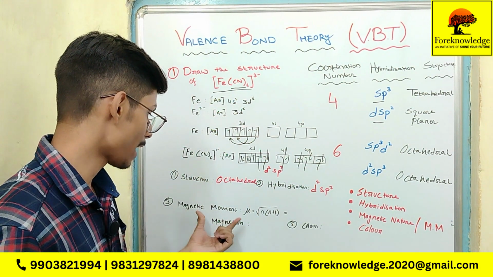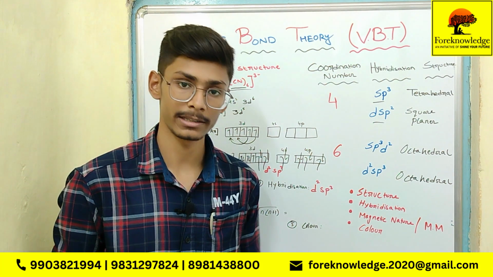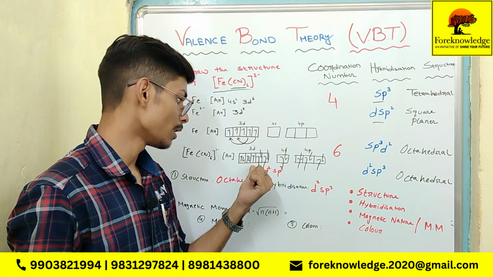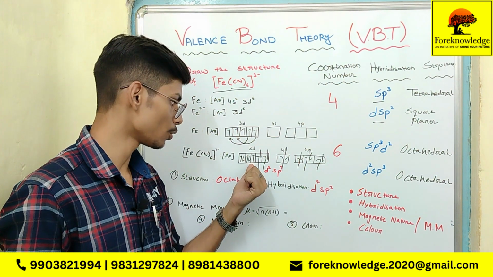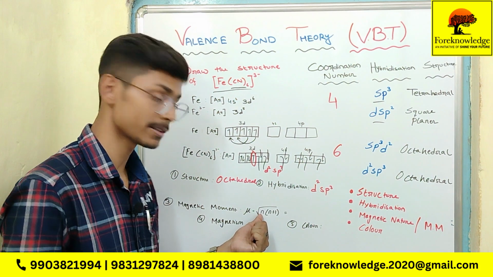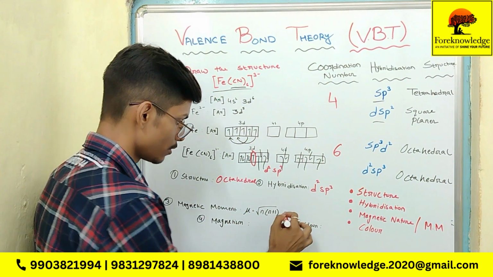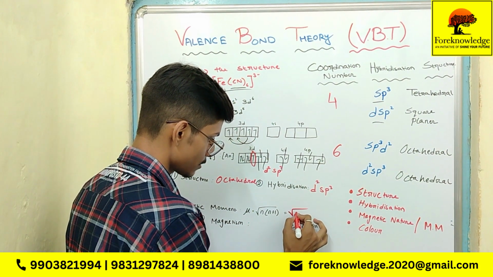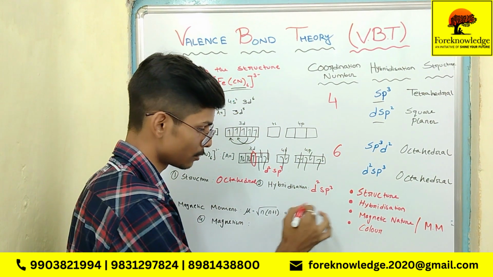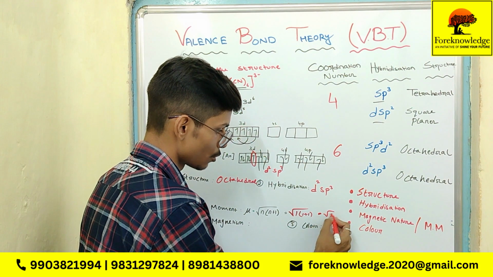Now what will be its magnetic moment? How to calculate magnetic moment? Magnetic moment depends on the number of unpaired electrons. Here only one unpaired electron is present, and n represents the number of unpaired electrons. So the calculation will be root of 1 into (1 plus 1), that is 1 into 2, that is 2.